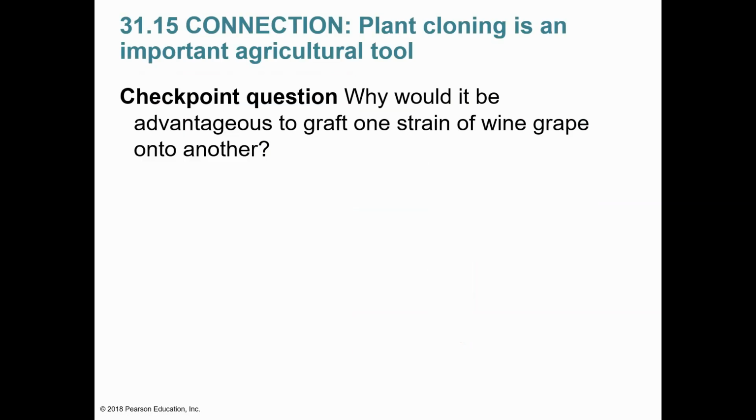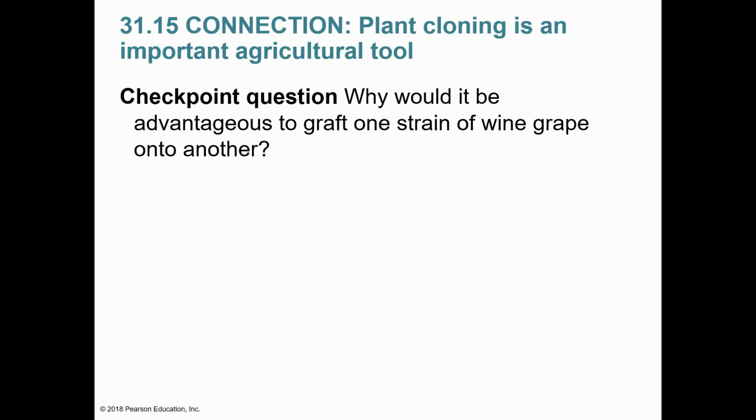So why would it be advantageous to graft one strain of wine grape to another? The answer to that is not so clear, in that these are two different strains of, assuming, one species, so they're going to have different versions of those genes.